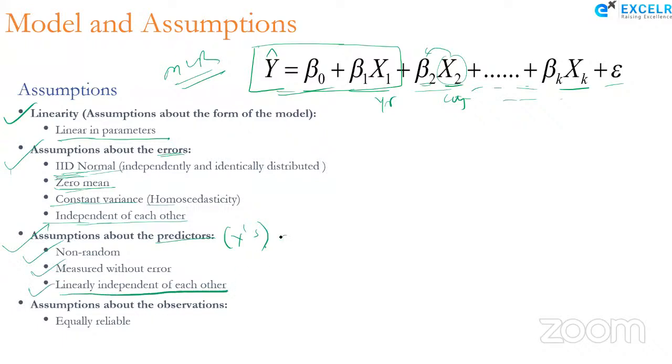So basically your x1 and x2 and so on, whatever number of variables that you have, they should not be associated with each other linearly. There should be no linear association between each other, or they will face a problem called multicollinearity. This is something you can look up on the web if you want to learn more about multicollinearity. We won't be able to cover it in this session today.